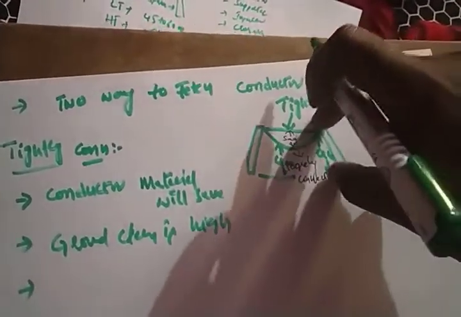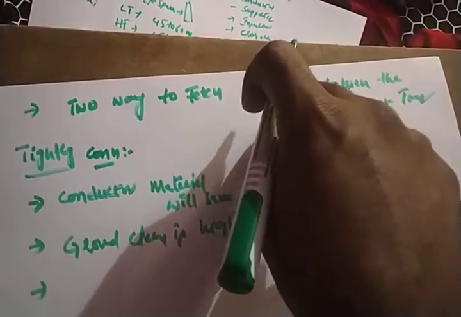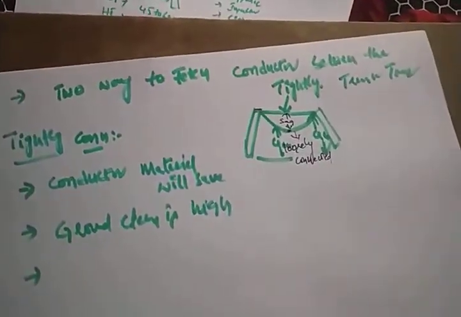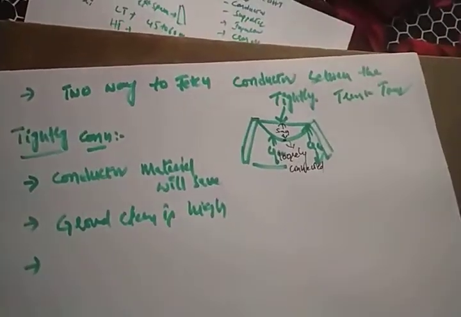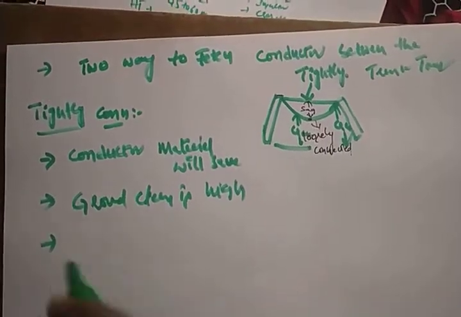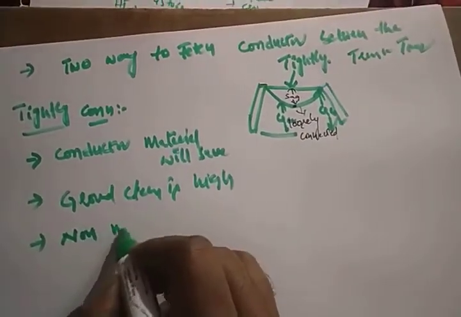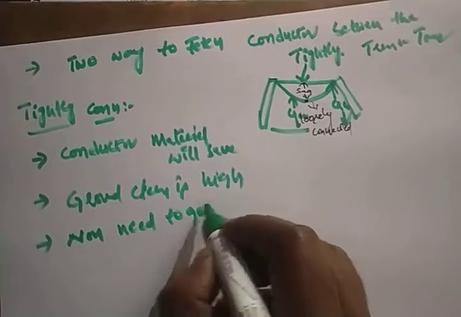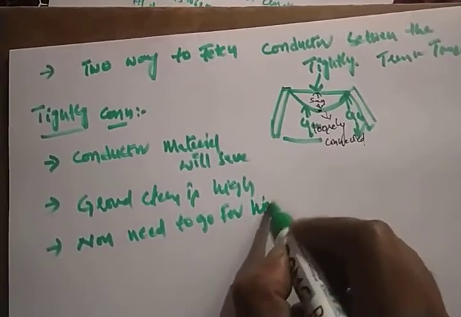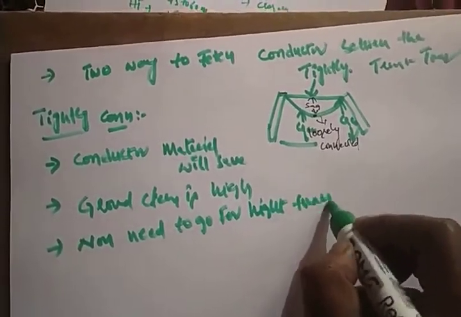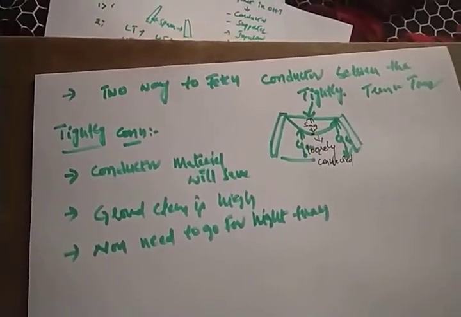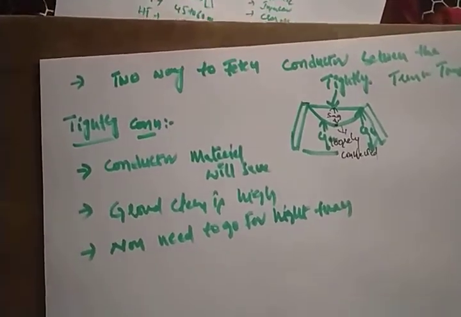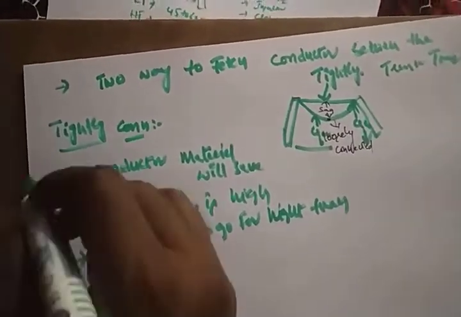Which one is high? Tightly connected is very high. So there is no need to take very high towers. If you take high towers, definitely it will require some operating cost and installation cost. These are the advantages.